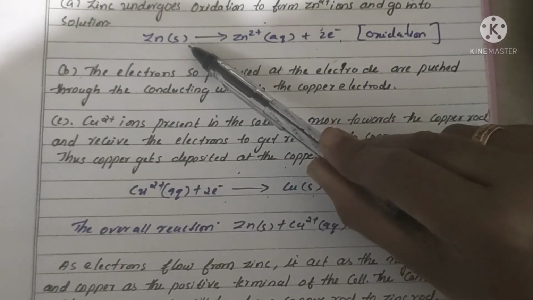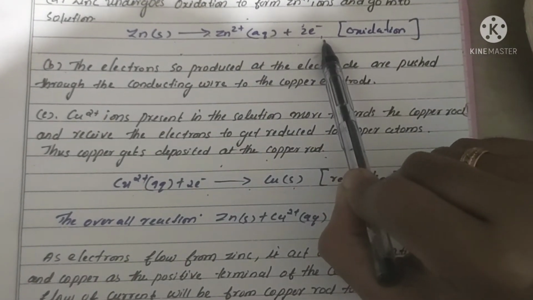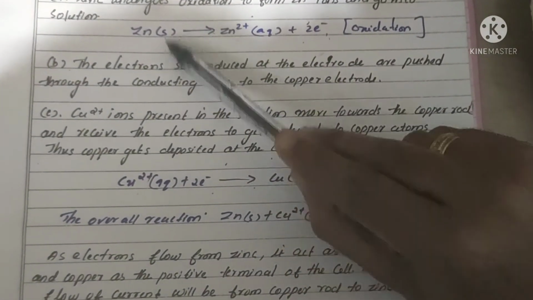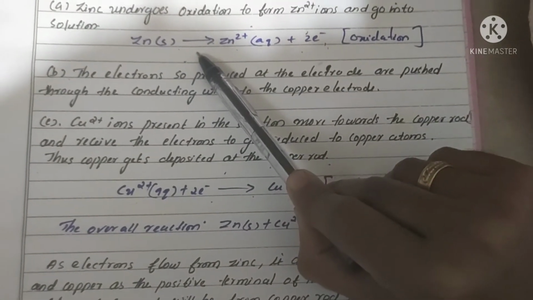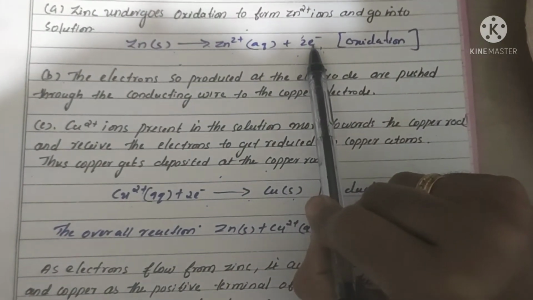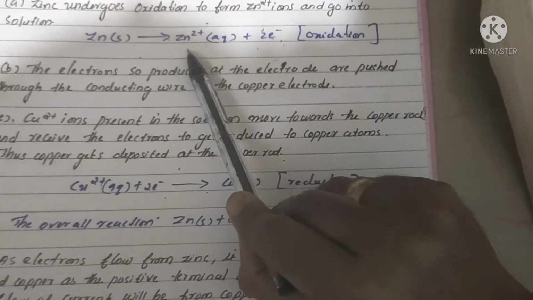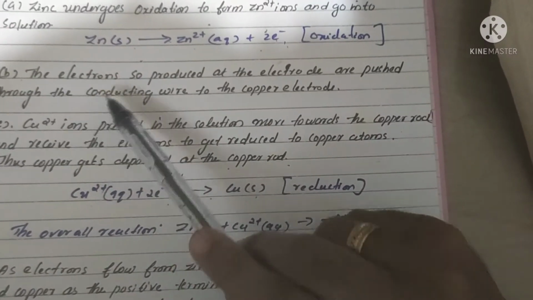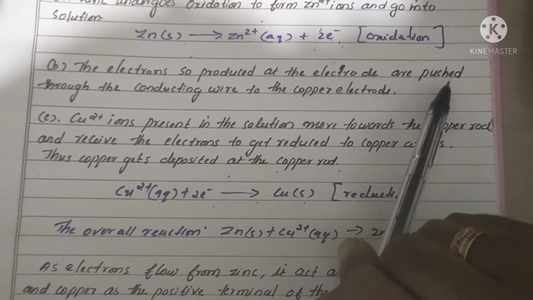The reaction is Zn gives Zn2+ plus 2e-. The Zn undergoes oxidation by losing 2 electrons and forms Zn2+. The electrons so produced at the electrode are pushed through the conducting wire to the copper electrode.